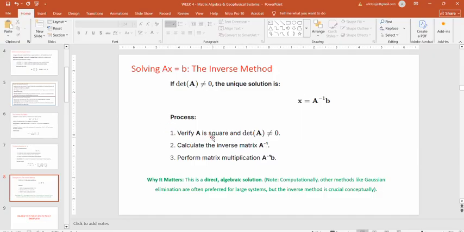So verify A is square and the determinant of A is not equal to 0. Like I said, a square matrix has the same dimensions, so it has to be a square matrix, not a rectangular one. This is just to explain what happened here. Then calculate the inverse and perform the matrix multiplication.